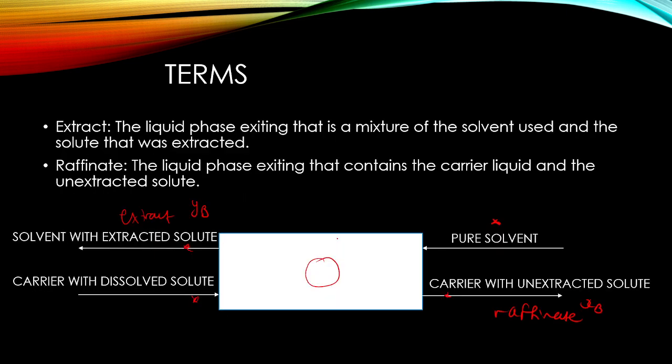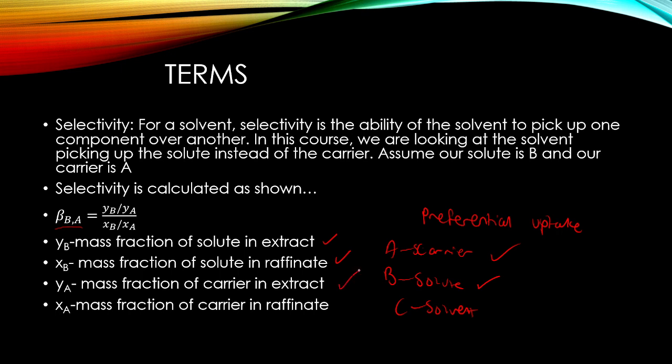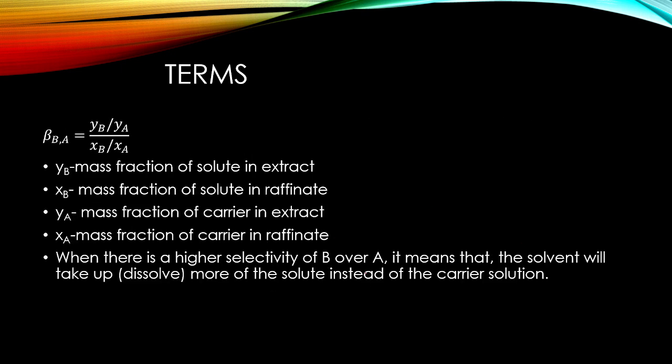Then remember we said that there's a possibility, especially if it's not totally miscible, that the carrier can be dissolved in the solvent. So you might have some amount of carrier, the fraction of carrier in the extract, some of the carrier might end up coming out here, right? And as against the amount of carrier that is left in the raffinate. So that would also be YA and then XA.